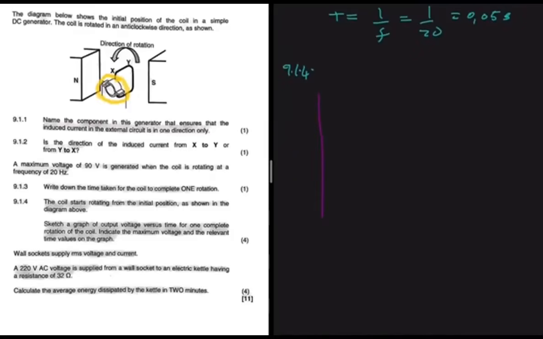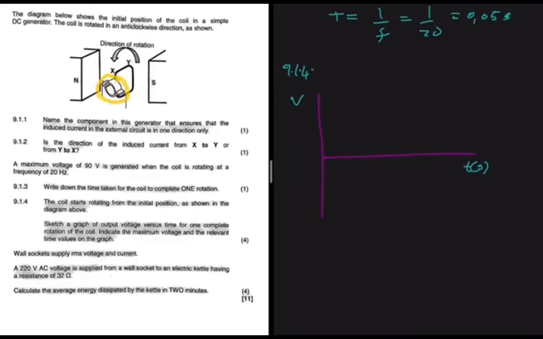We have our y and our x. On the x we have time in seconds, and on the y we have voltage in volts. We only want one complete rotation.